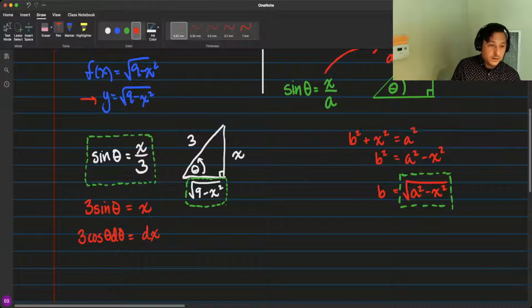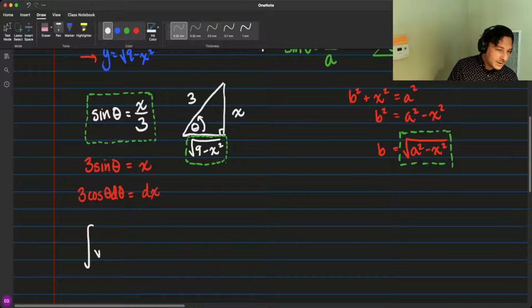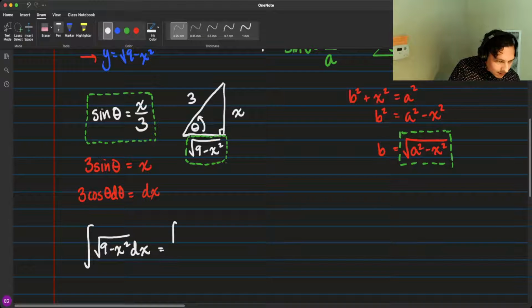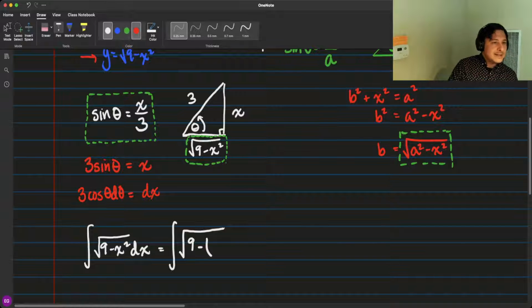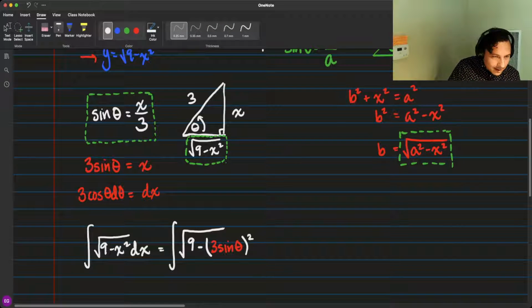Okay, so now we can make some substitutions. My integral of the square root of 9 minus x squared dx is equal to the integral of the square root of 9 minus, now my x is equal to 3 sine theta, and that is being squared.